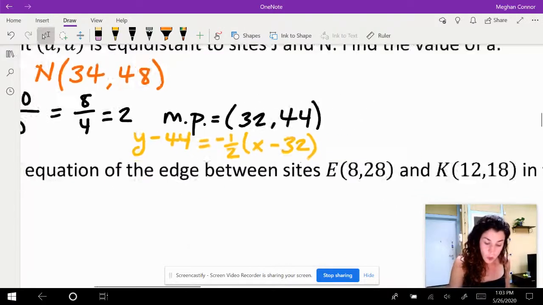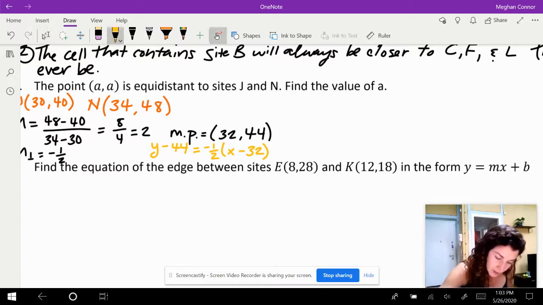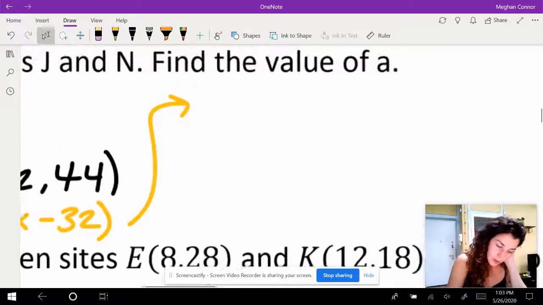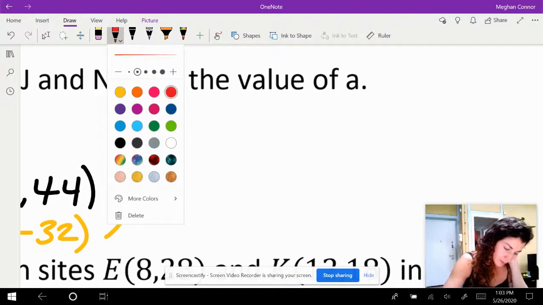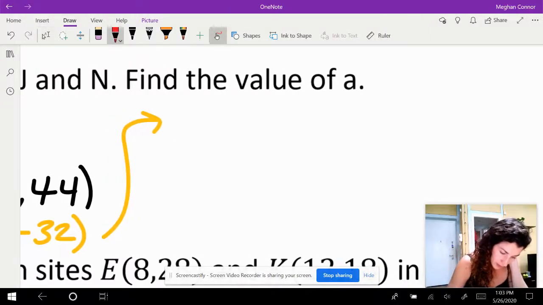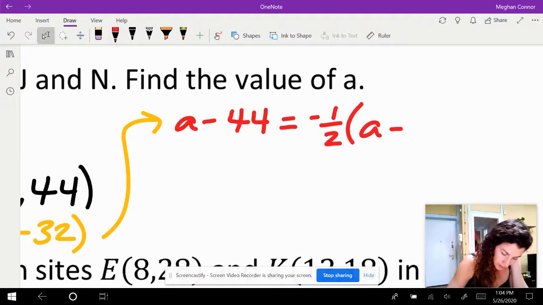Okay, so finding the coordinates of which both x and y are a, we're going to plug in a for both y and for x. So I'm going to go back into here and do a minus 44 equals m times a minus, it was what, 32?